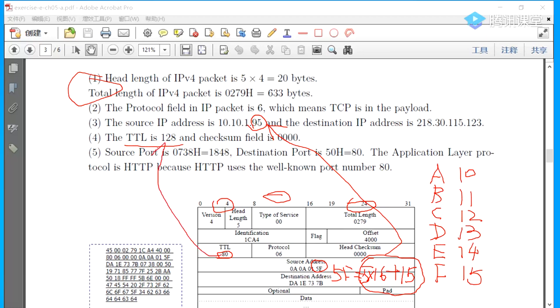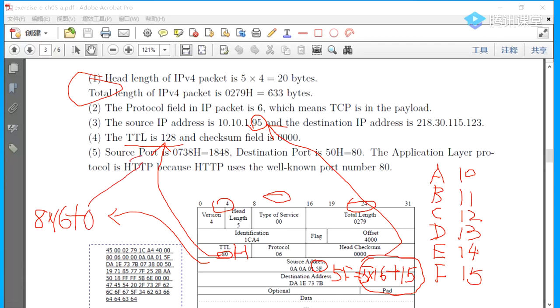Why is TTL 128? Because here 80 is in hexadecimal notation, right? So 80 is 8 times 16 plus 0.